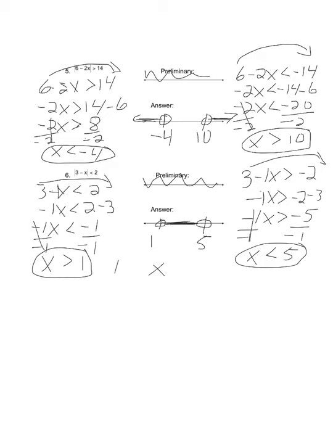Put my 1 where it belongs and my 5 on the side it belongs. And looking at our graph, x is greater than 1, but x is less than 5. Box it. That is your final answer.